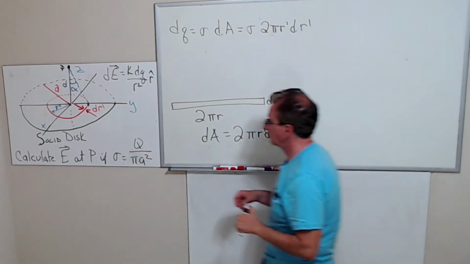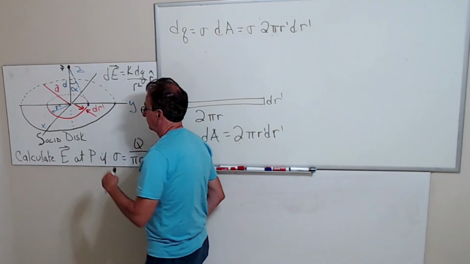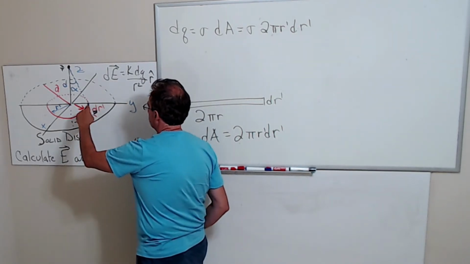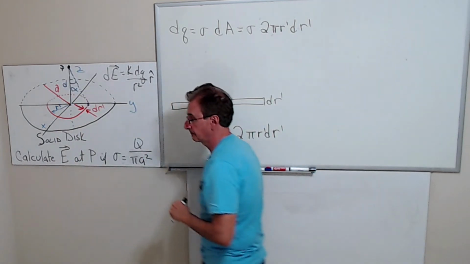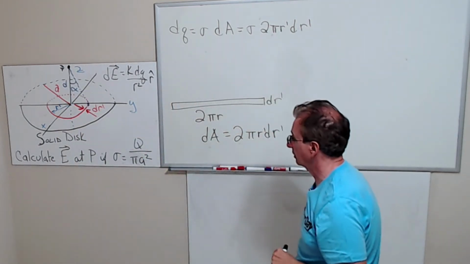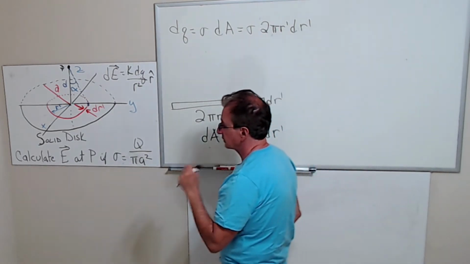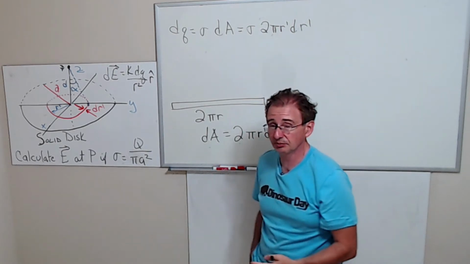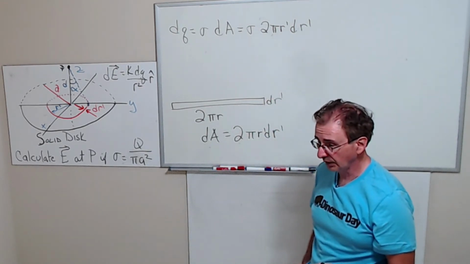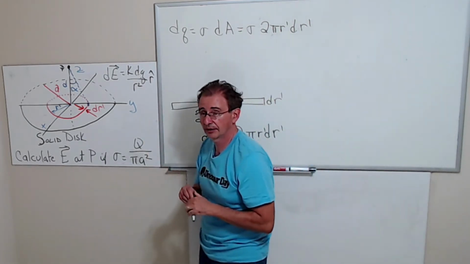The next thing is I want to determine the unit vector that is directed from our ring to point P. This unit vector is three-dimensional because we're basically doing a three-dimensional problem. But if you notice, there is symmetry in the xy plane.